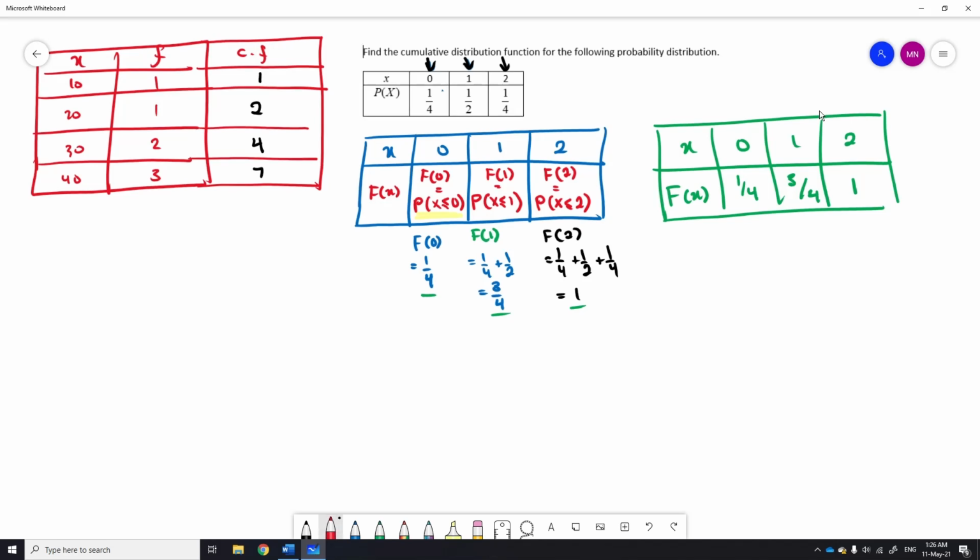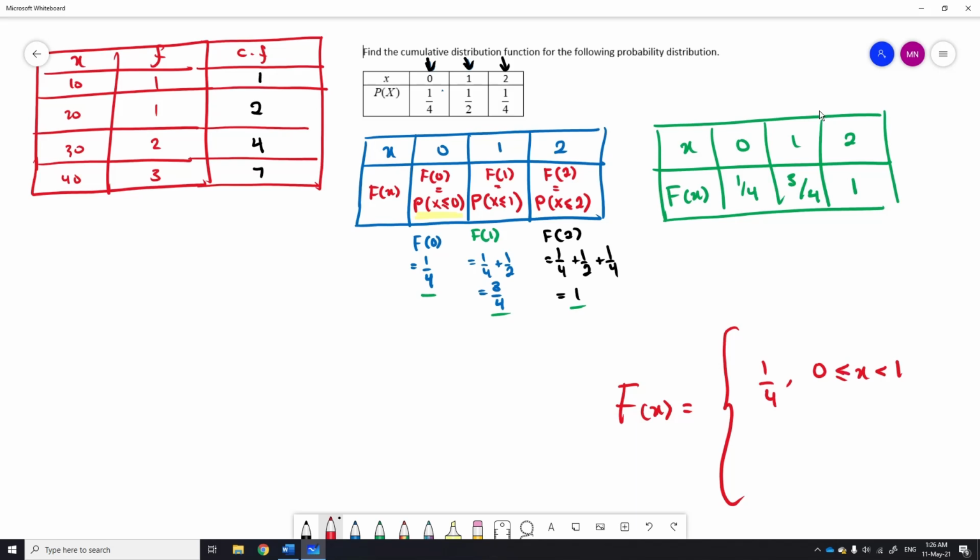Since it is a function, it must be an equation of F(x). Sorry, it's a capital F(x). So F(x) is equal to, if we start from 1 over 4, 1 over 4 is the value that starts from 0 until x but less than 1.